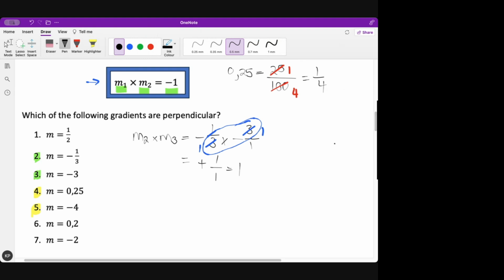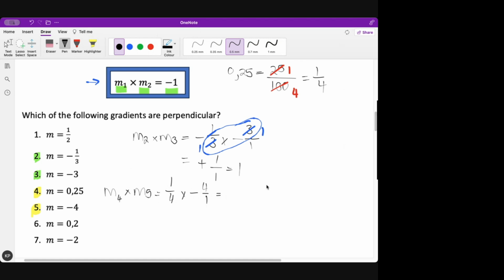Great, we've established that. Now let's do the multiplication. So it's going to be m of 4 times m of 5. And that is 1 over 4, since we've already established that, times m of 5, which is negative 4 over 1. Great. Now I have a positive and a negative. So what will my answer be?